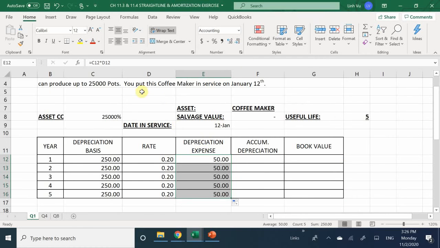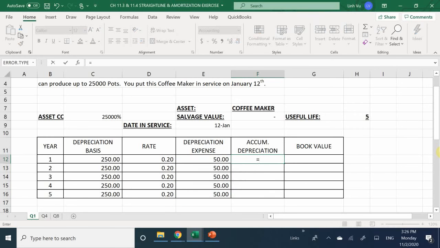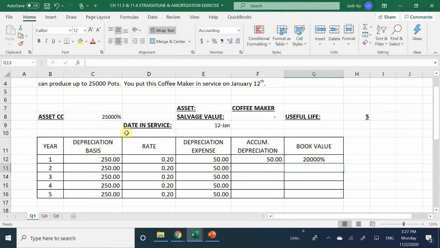So now it's just solving for the accumulated depreciation. The accumulated depreciation for the first year is going to be $50, making my book value $200. Good, $200.